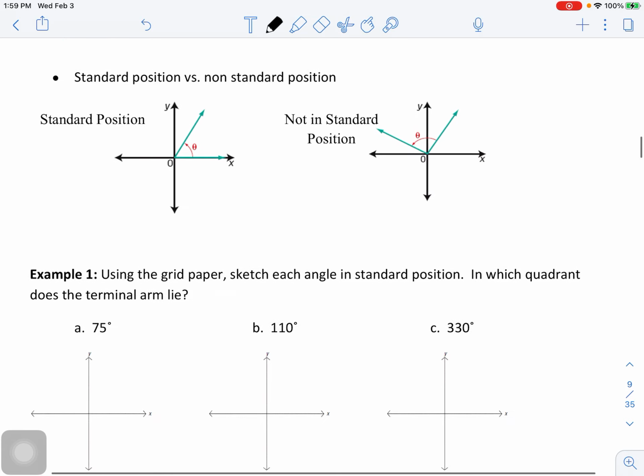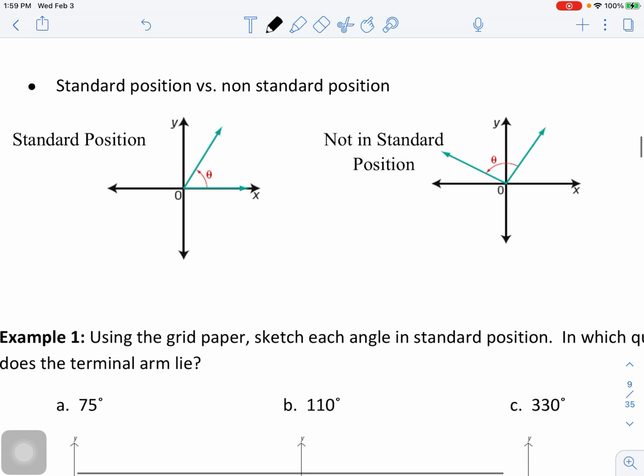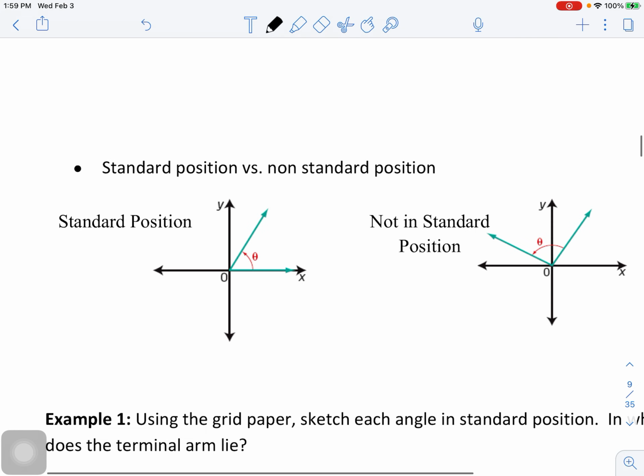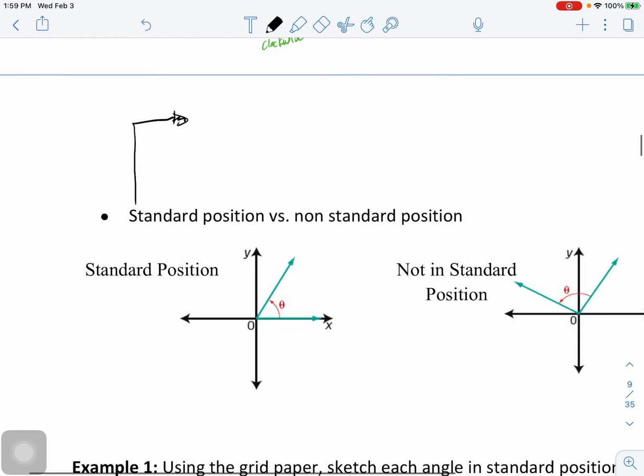So let's move on. Now, let's analyze standard position versus non-standard position. First off, let's put some definitions to it. What is standard position?